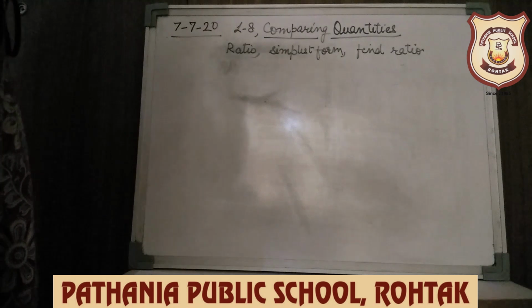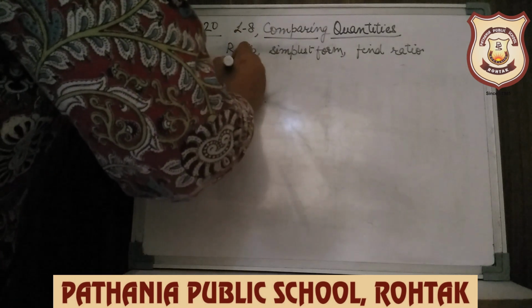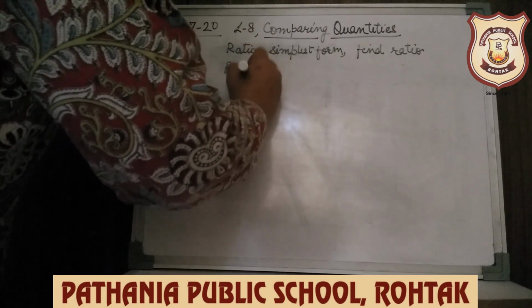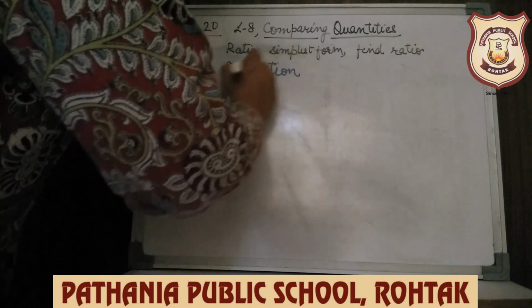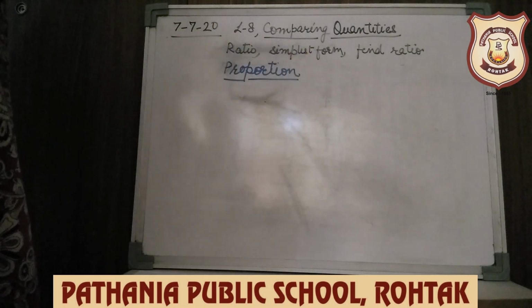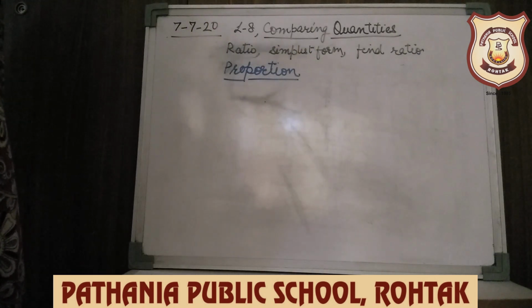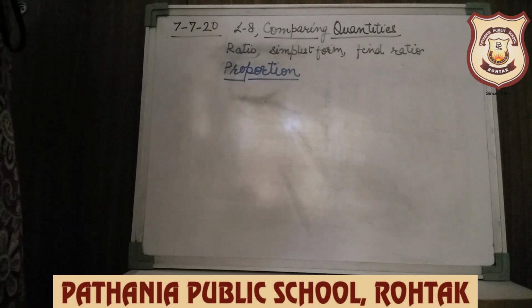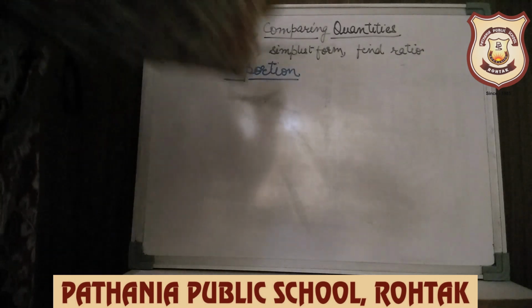Now the next topic is proportion. Proportion means when two ratios are equal, then those ratios are said to be in proportion to each other. If two ratios are equal, then they are in proportion. And how will we write it?